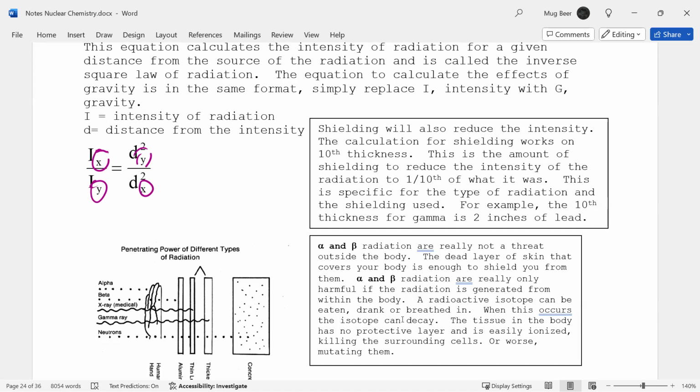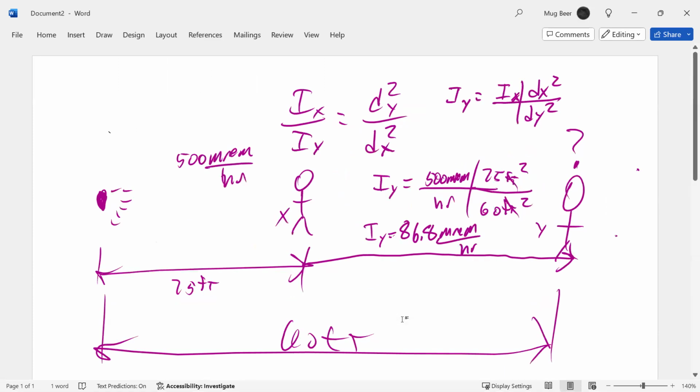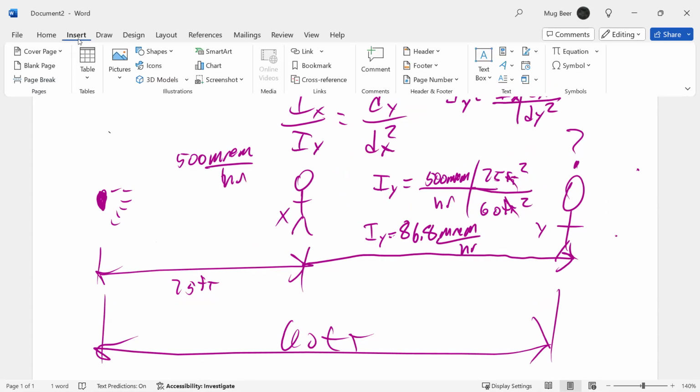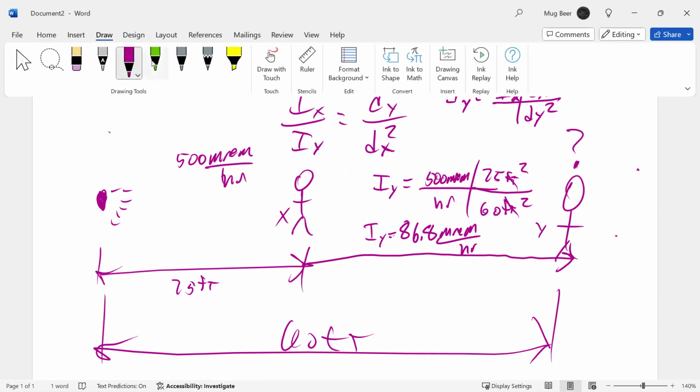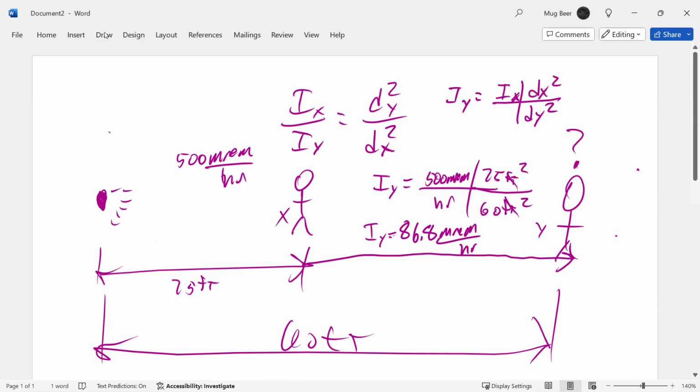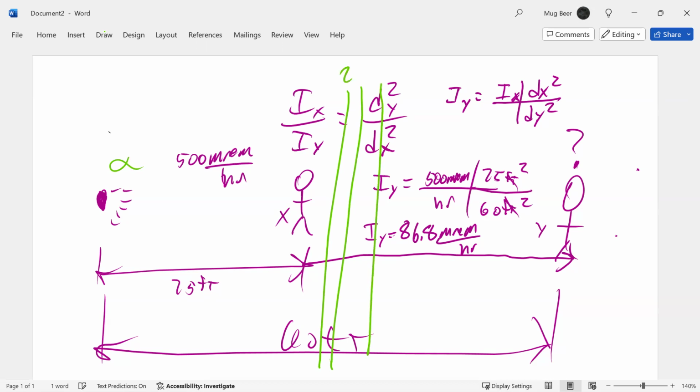Okay, so if we have the same problem here, on top of the math that we just did, let's say this is a gamma source. I put in 2 inches, 2 inches, so 4 inches of lead on the other side of this wall.